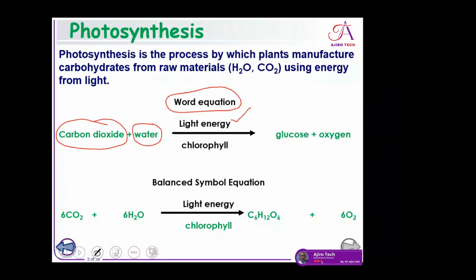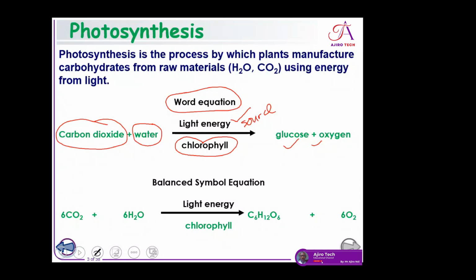Light is a source of energy, it's an energy source, it's not a raw material. Chlorophyll is what the plant has in its leaf that traps the light energy. And there are two products. Of course, we have glucose. We also have oxygen as the two products of photosynthesis.